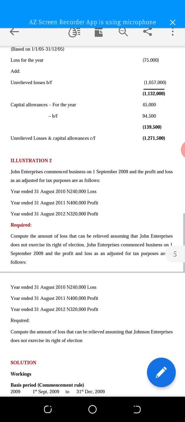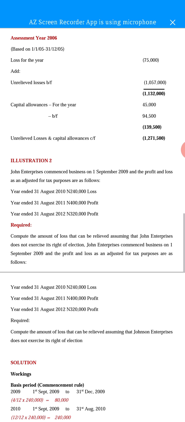So looking at this question, commencement rule. John commenced business on 1st September 2009, and the adjusted profit or loss for tax purpose is as follows.